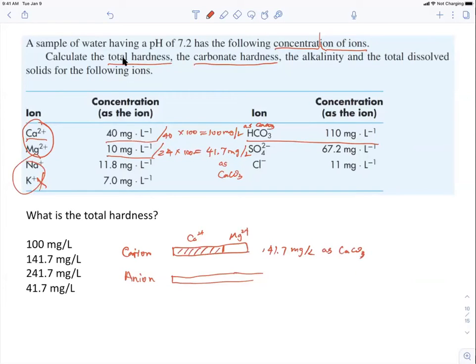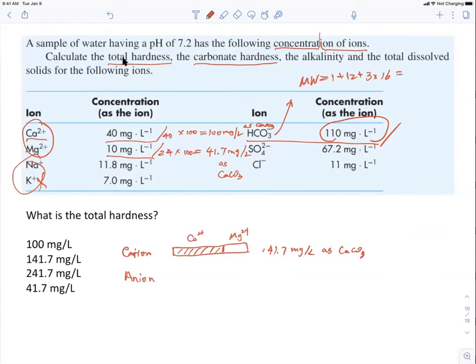All right, so now we need to draw the anions. Okay, so for the anions, we know that here we have the bicarbonate ion. Okay, so we should do the same, divided by the molecular weight of the bicarbonate ion. So for this one, the molecular weight is equal to 1 plus 12 plus 3 multiplied by 16, right?